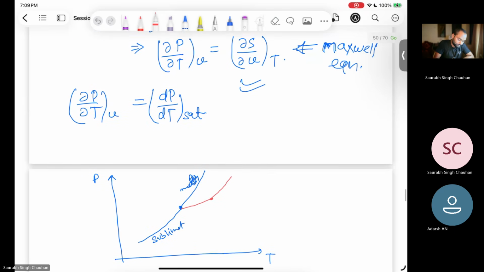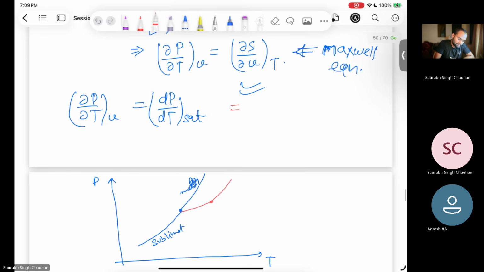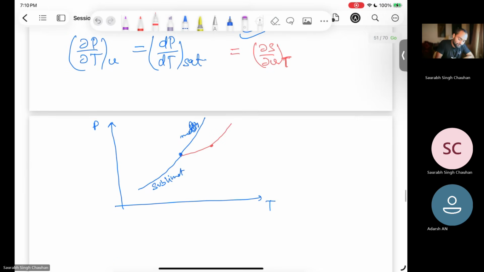And the second term is del S by del V at constant T. At a given temperature, if you have fixed the temperature, then at that particular temperature the slope is also fixed.